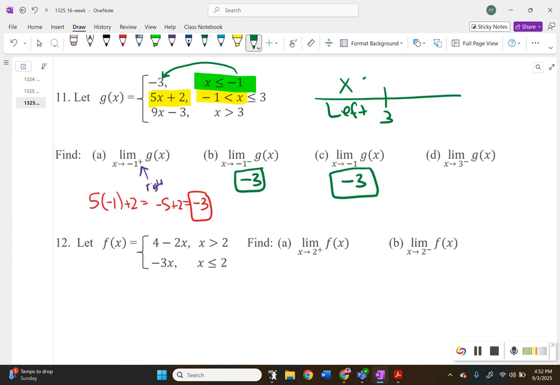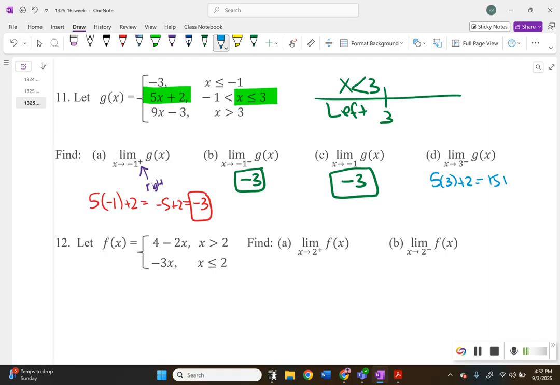So these are x values that are less than 3. Then I'll come over here and see where that happens. X values less than 3 happen with the middle equation. So I want to plug 3 into that middle equation, and I get 5 times 3 plus 2, which is 15 plus 2, which is 17.